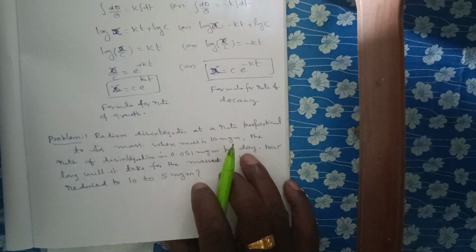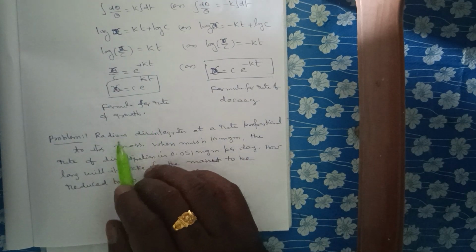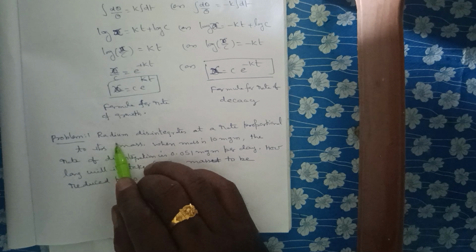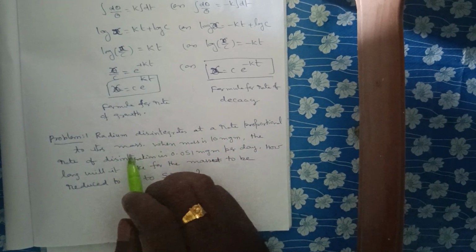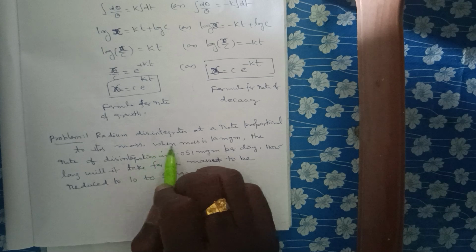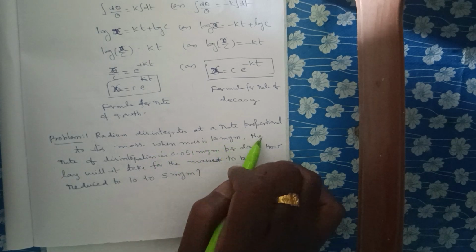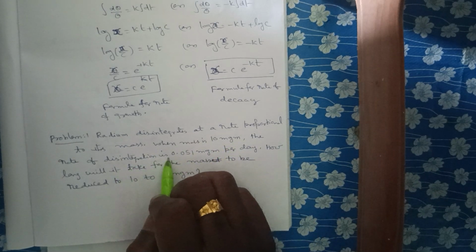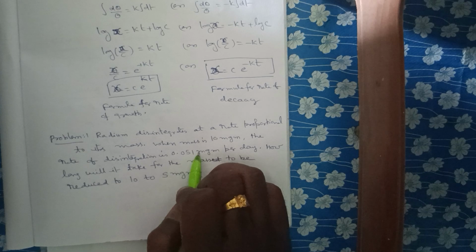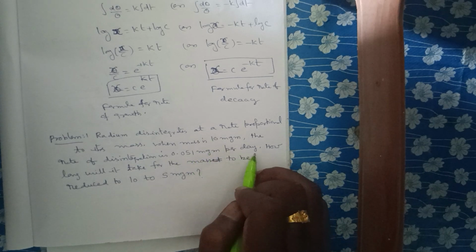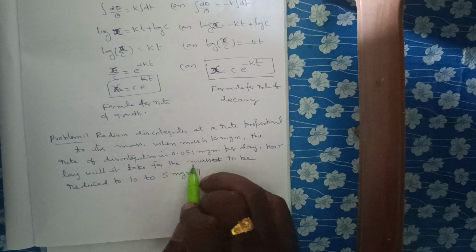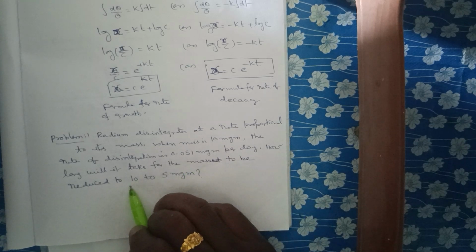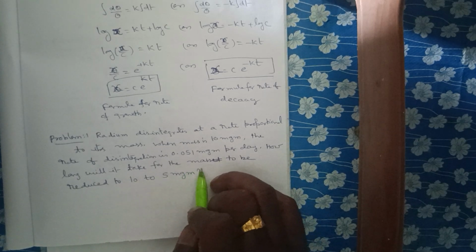Now we are doing a problem on the rate of growth or decay. Radium disintegrates at a rate proportional to its mass. When the mass is 10 mgm, the rate of disintegration is 0.051 mgm per day. How long will it take for the mass to be reduced from 10 to 5 mgm?